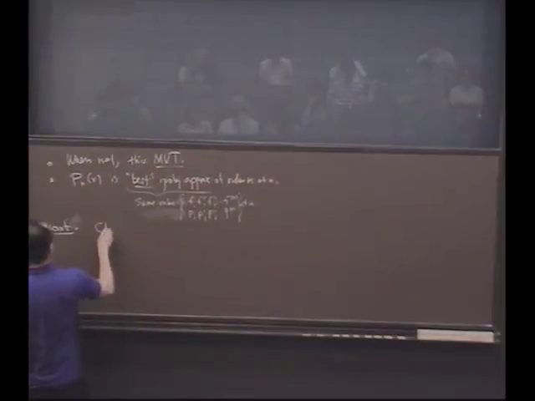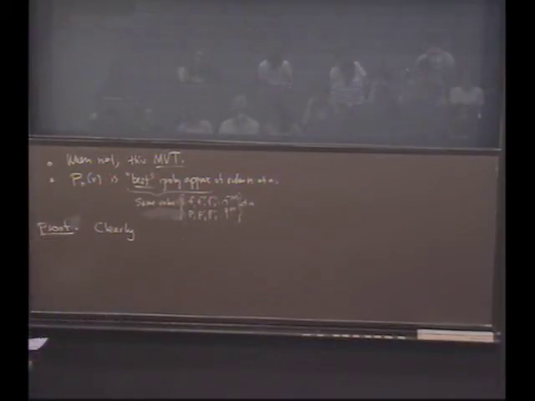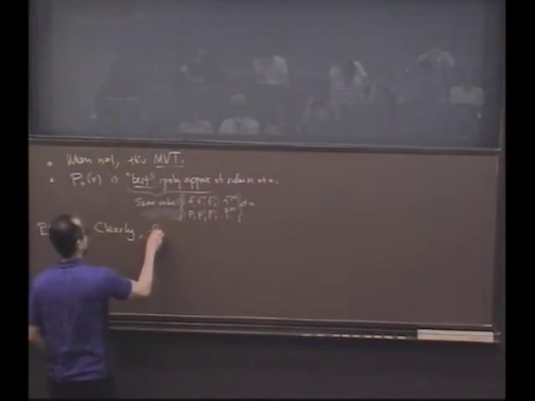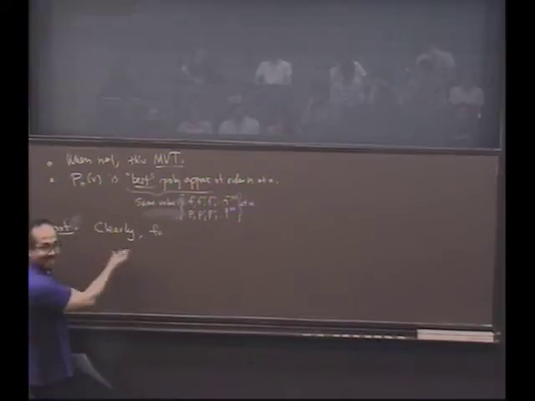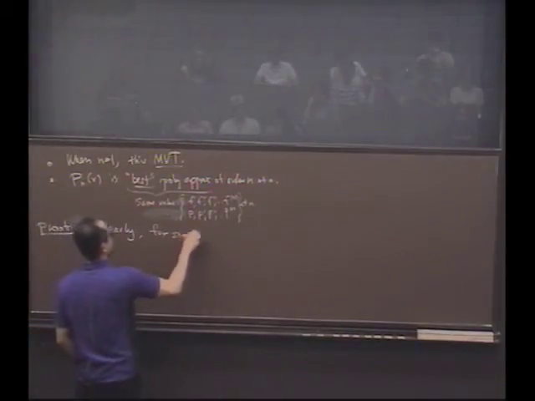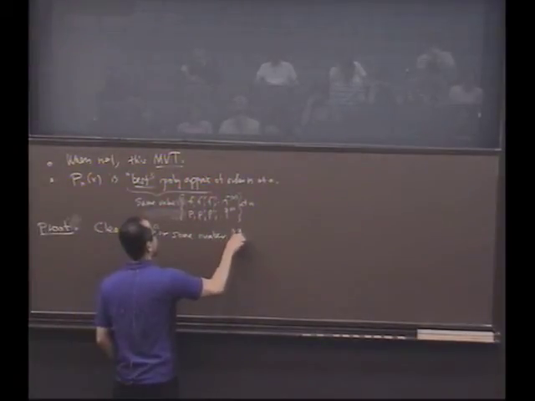So would you agree with the following statement? Clearly, yeah, do you agree with that? It's all clear. For some number m, would you agree that the following must be true?